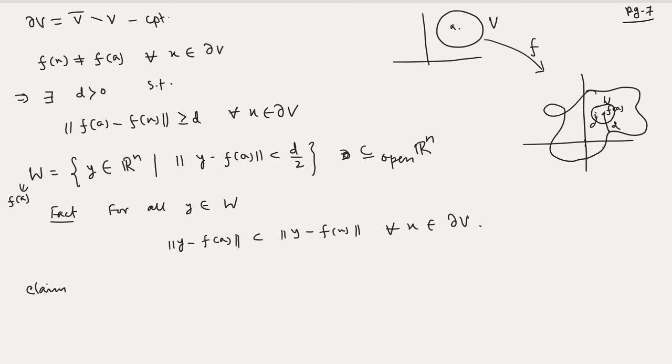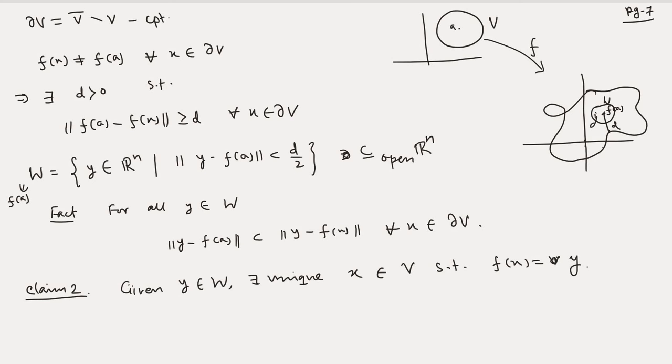Now claim 2. So what is claim 2? Given y in W, there exists a unique x in V such that f(x) equal to y.